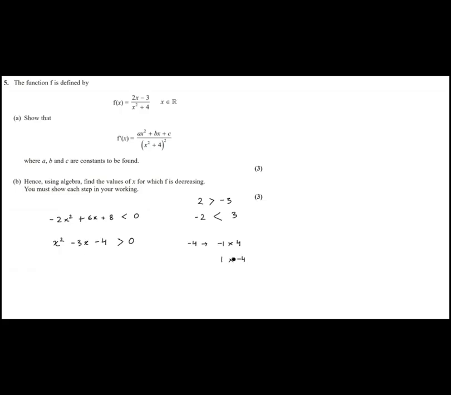We want those two factors whose sum is the same as b. b is minus 3. So 1 plus minus 4 gives you minus 3. So the two factors are 1 and minus 4. That means this can be written as x plus 1 and x minus 4 greater than 0.